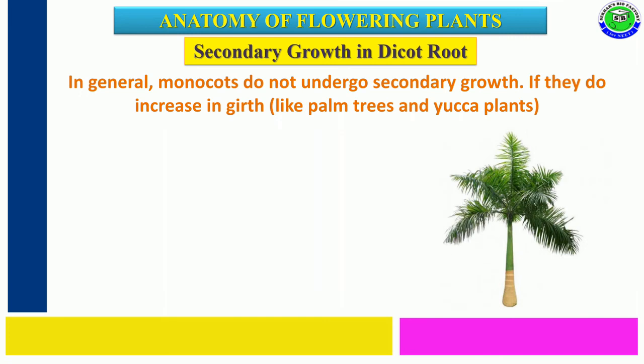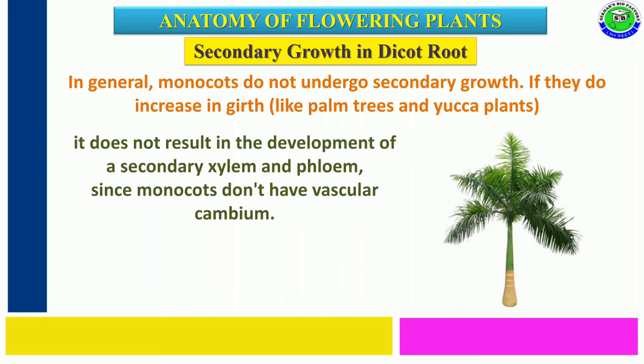In these monocotyledon plants like palm, yucca, and Dracaena, the stem increases its girth to give mechanical support.